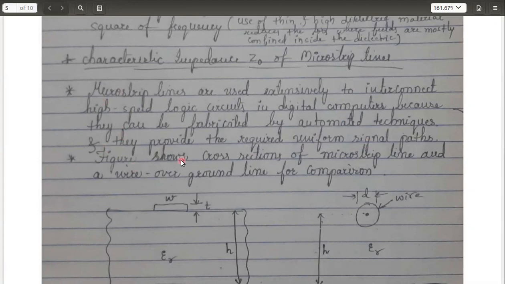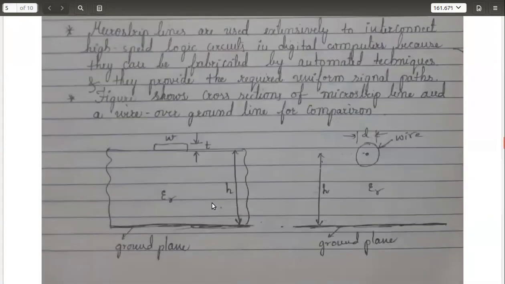Now coming to the characteristic impedance, how to get it. You can see I have drawn two schematic structures here. The first one is for the microstrip line. You can see there is a ground plane, and a substrate, where epsilon r is the dielectric value of the substrate. You have the height of that substrate, and W is the width of the strip line which you are using, along with the thickness.